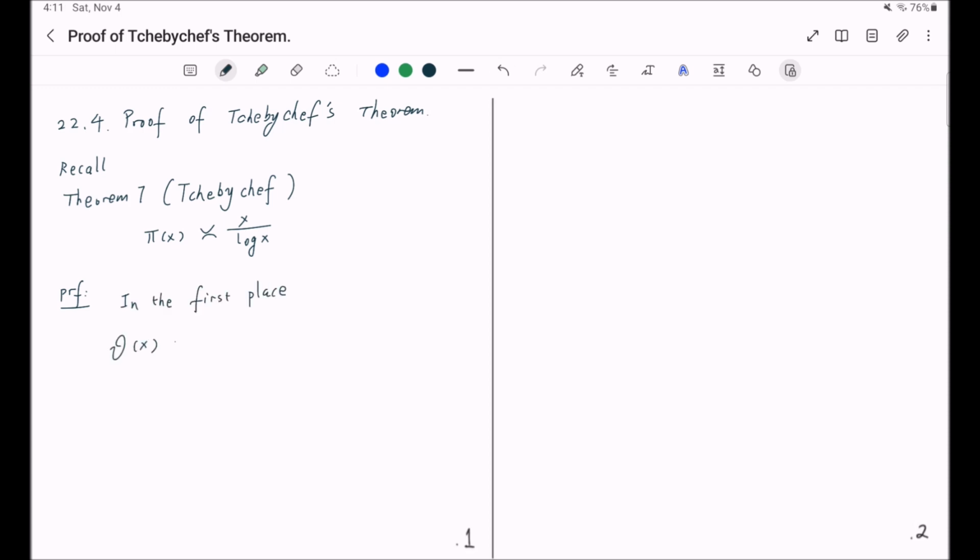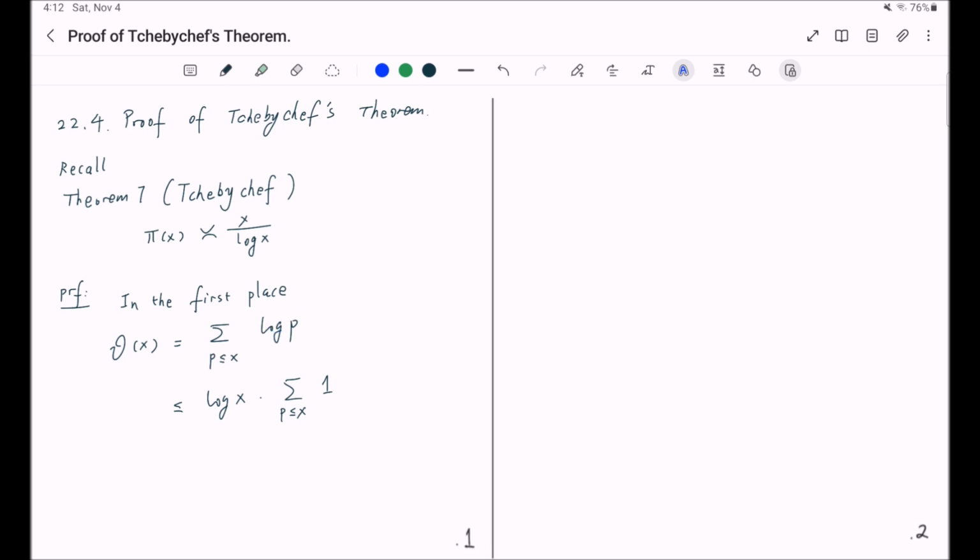In the first place, let us establish the lower bound for pi of x. The definition: theta of x is the sum of log of p's with p less than or equal to x. Now we're going to measure this sum by considering the maximum of log of p's. Log of p's here can be upper bounded by log of x.